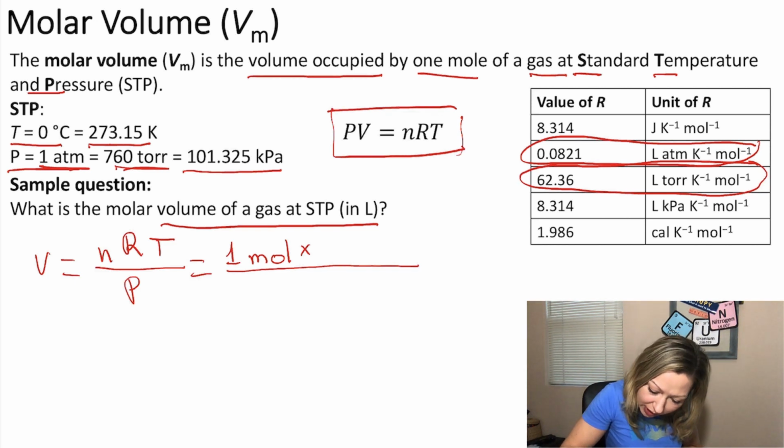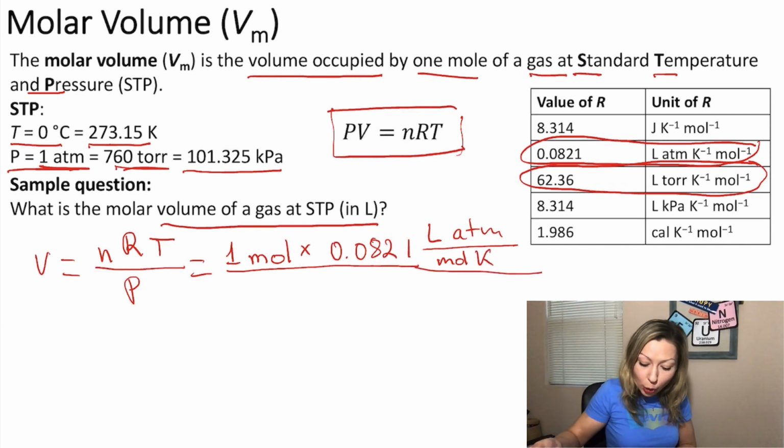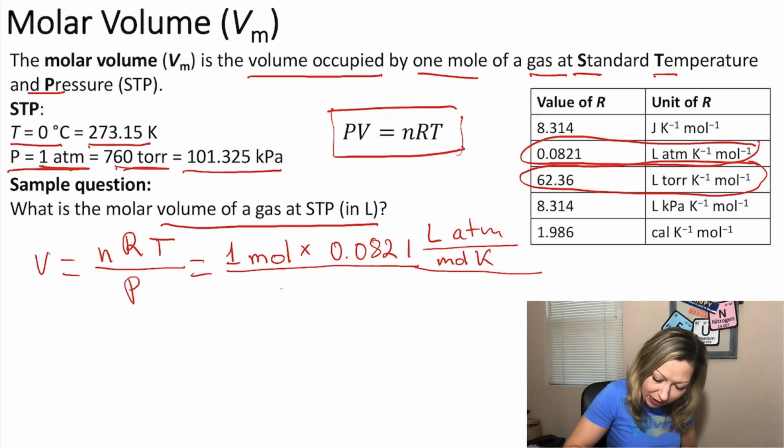So it's going to be 0.0821 liter atm divided by mole Kelvin. And then we know that when we are talking about the pressure, we will have to use the pressure also in atm, so I'm going to add 1 atm right in here.